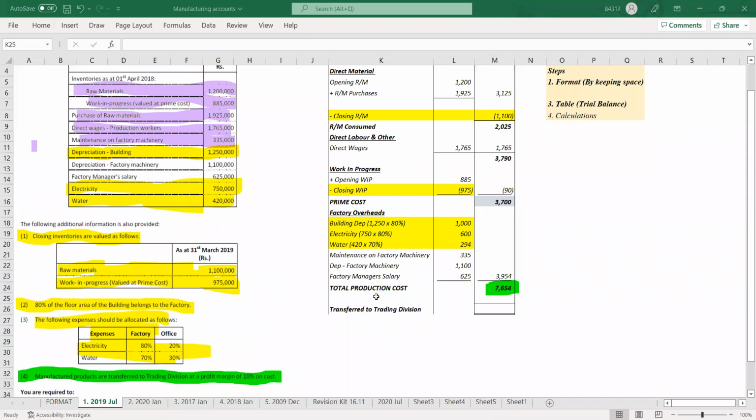We call it profit margin. Profit margin 10% into 10.